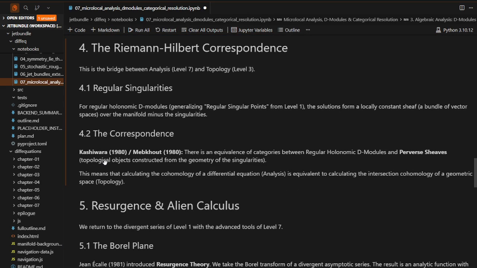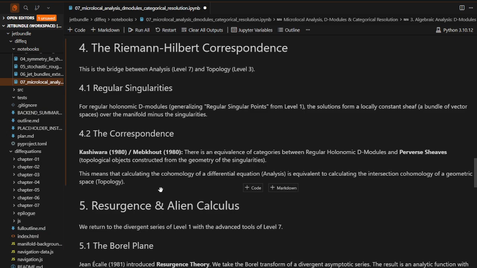And Kashiwara and Mebkhout in 1980 told us that there is an equivalence between regular holonomic D-modules and perverse sheaves. These are topological objects that are constructed from the geometry of the singularities themselves.